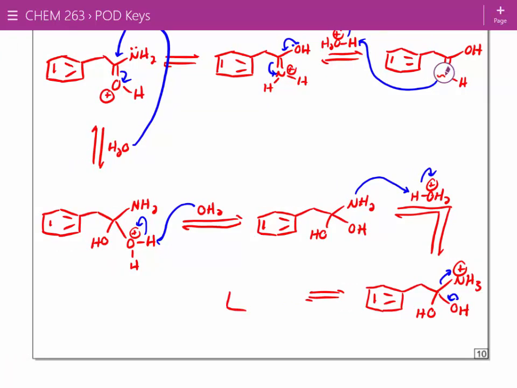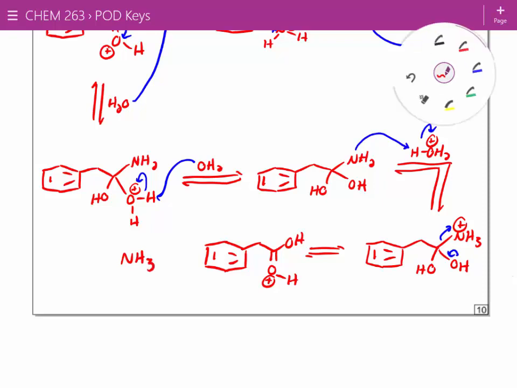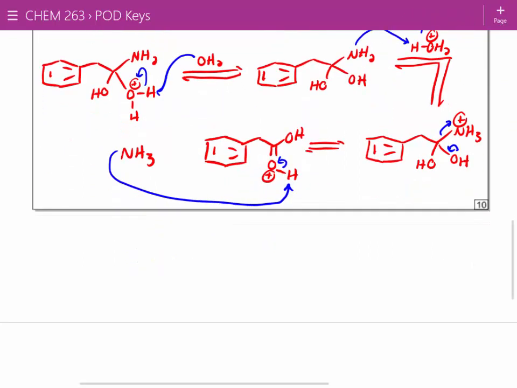We're left with, let me slide this over a bit, we're left with our precursor to our carboxylic acid plus ammonia. And our ammonia can come grab this proton and give us our carboxylic acid.